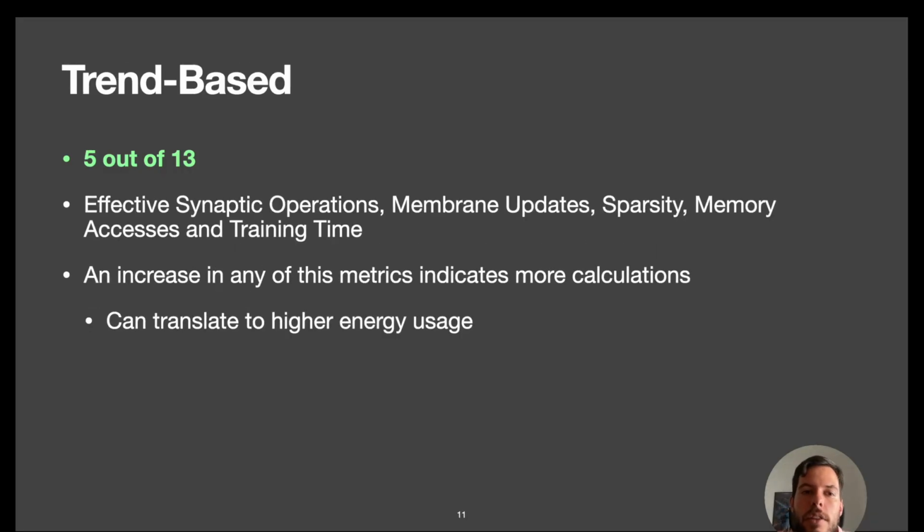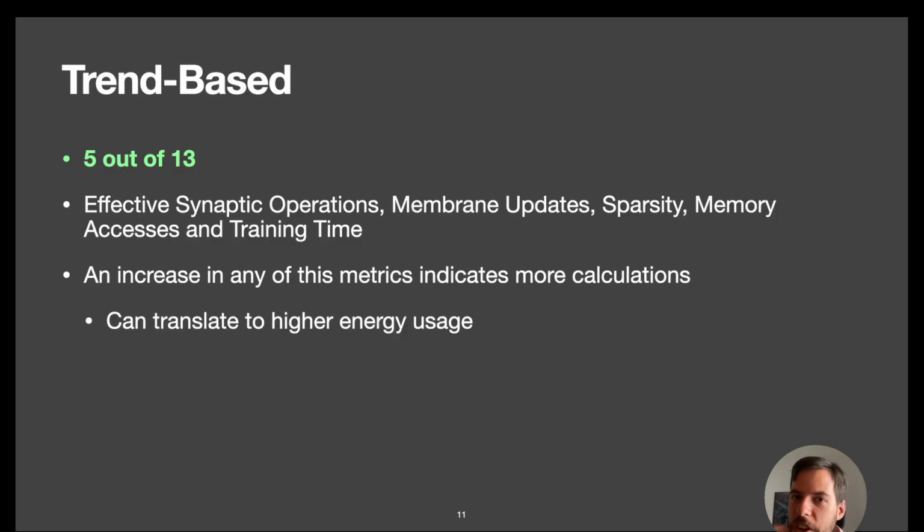Finally, trend-based metrics, we found that they are 5 out of 13. These are synaptic operations, membrane updates, sparsity, memory accesses, and training time. This is because they are not actionable per se. If I tell you this model has 3 million synaptic operations, that doesn't really tell you if that is a lot or not a lot.